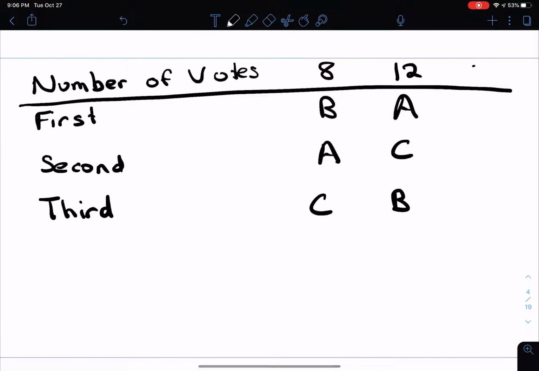You might have 3 people that voted C first, B second, A third, and so on. So you can make this table that summarizes how many ranked their votes in what ways, by first, second, and third place choices. That's just called a preference table. In your work, you're going to see preference tables, and then you're going to have to use them to apply these voting methods.